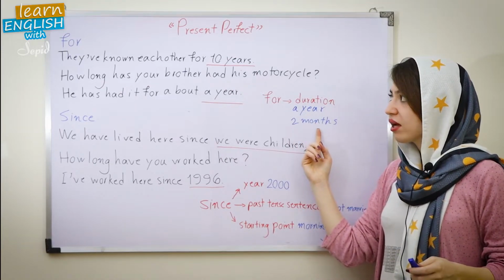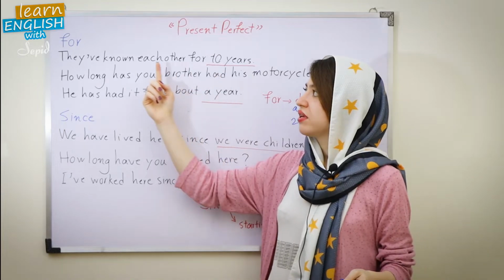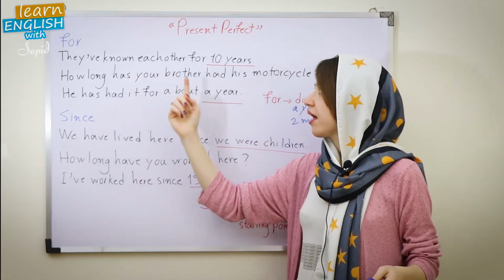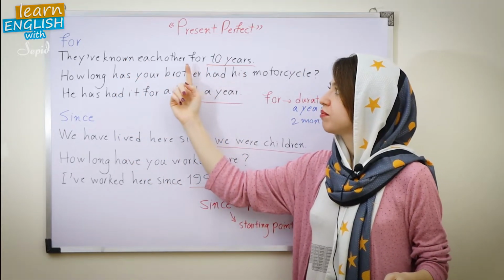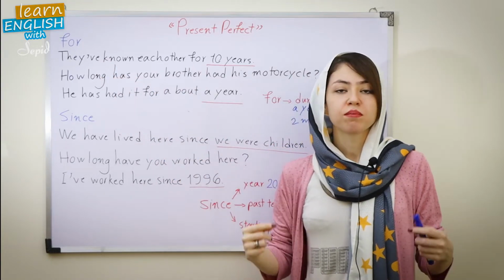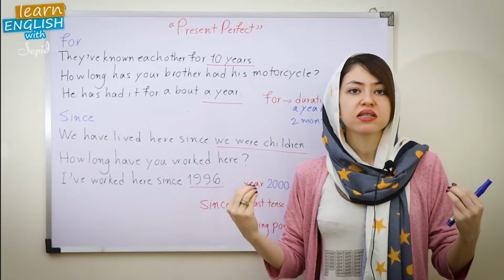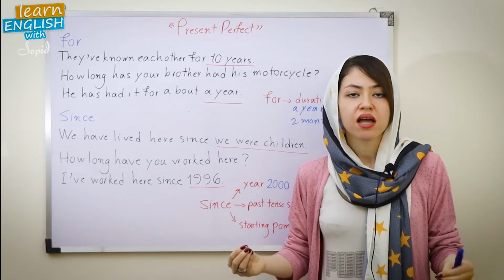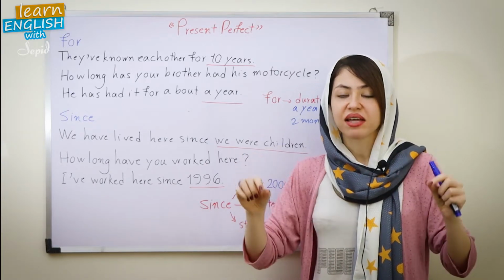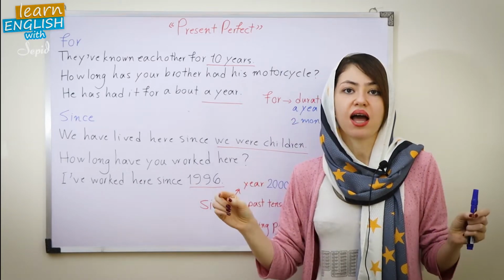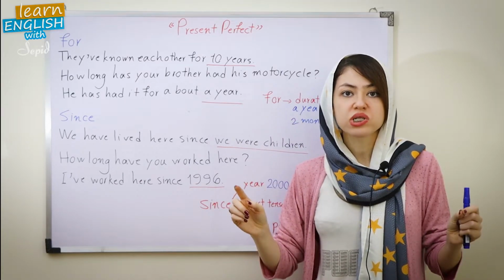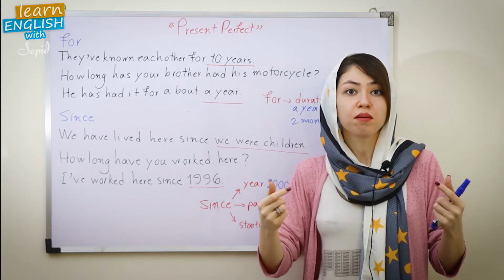Now, according to this, we've set some examples here and we've used for in present perfect form. Before going to the examples, notice that in present perfect tense, we don't have a determined time. We never use a determined time marker.